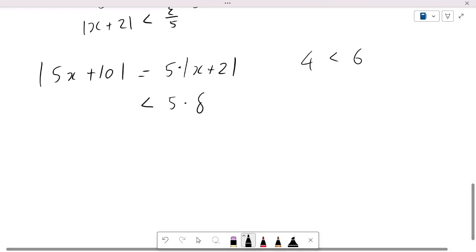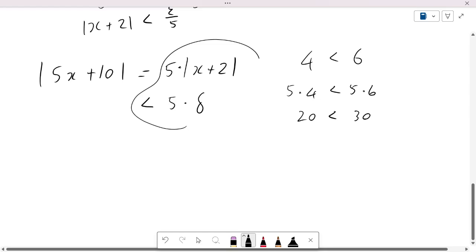If we were to multiply both sides by 5, 5 times 4 is just going to be 20, and 5 times 6 is going to be 30, and it's still going to be greater than the other one. That is why we keep that inequality.